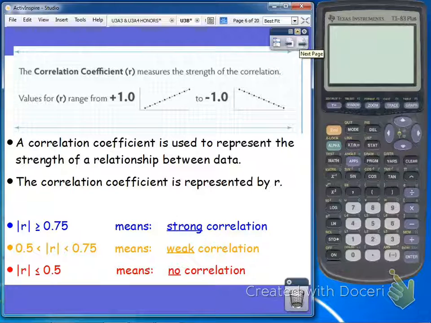Correlation coefficient. As we look at data, we measure data. So we've got X data and we have Y data, and those are joined together somehow, and we make a scatter plot. As it turns out, the more those points are in a straight, perfect line, the closer they are to a perfect line, the R value, which is the correlation coefficient.